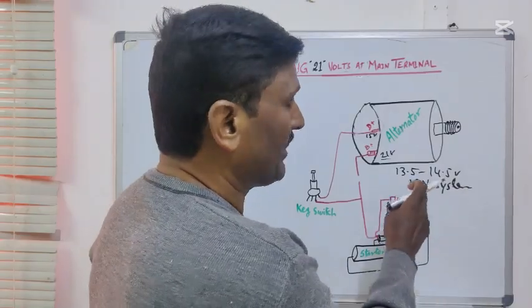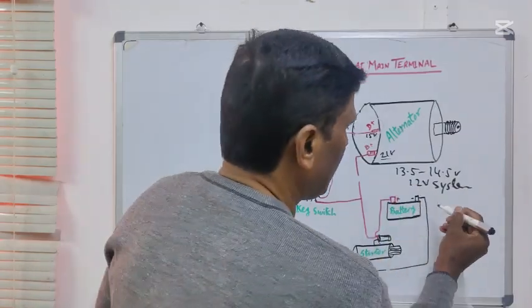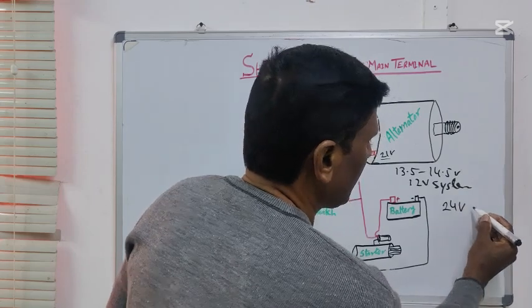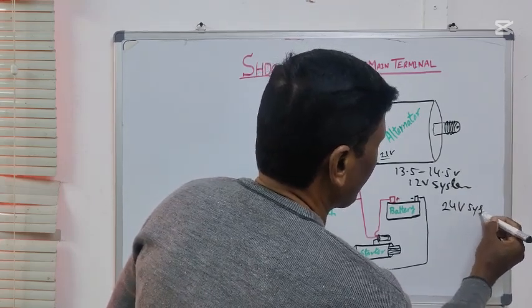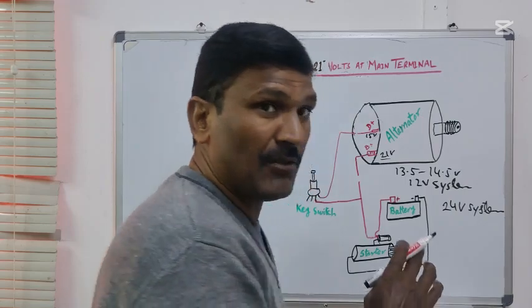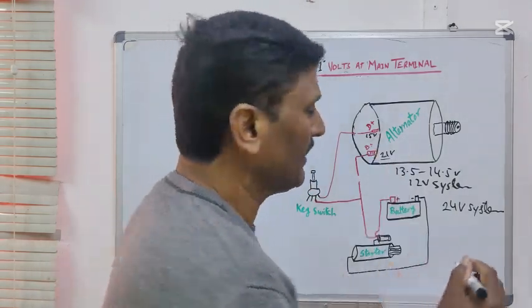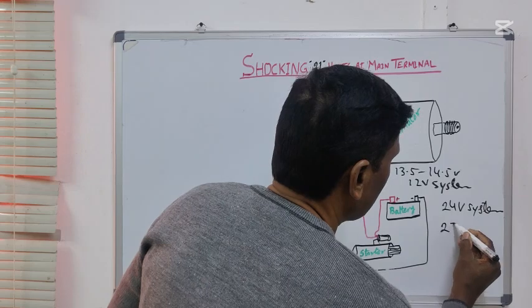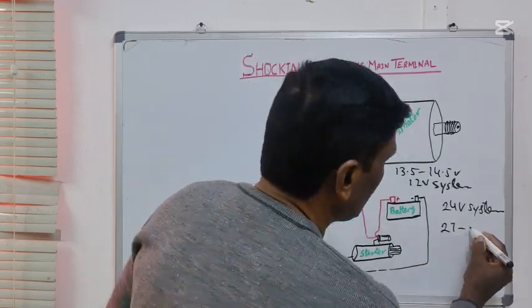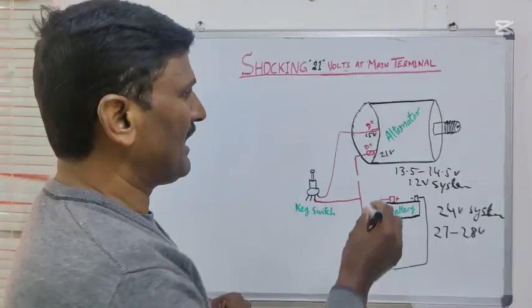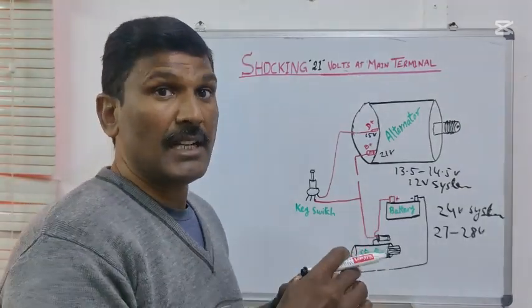If there is a 24 volt system, then how much voltage does the alternator produce? 27 to 28 volts. But I worked on a 12 volt system.